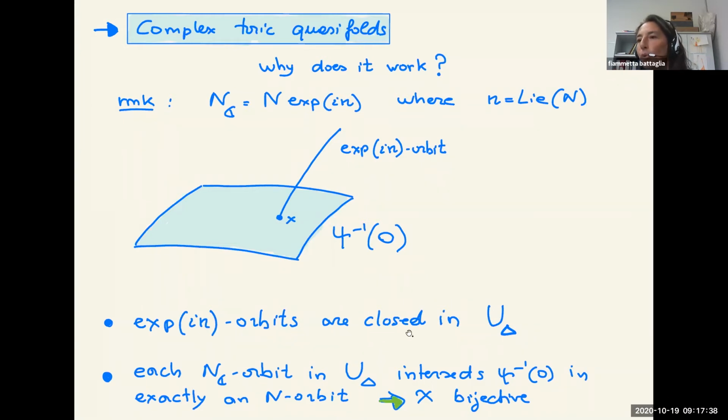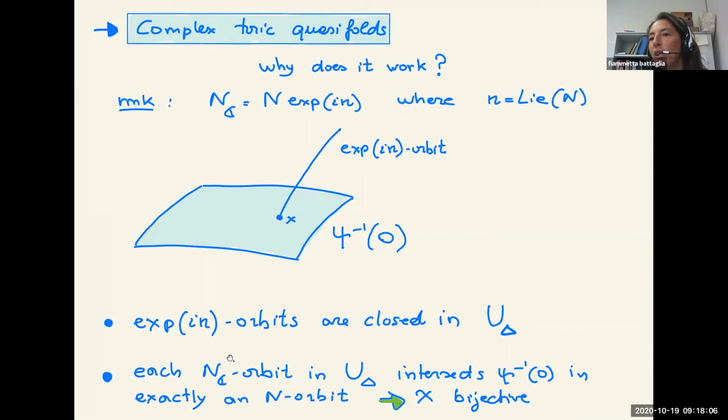They are all closed, and this is why when we consider the complex quotient, there is nothing new from the viewpoint of the topology of the quotient space with respect to what we had in the symplectic quotient. This is because these orbits are closed.